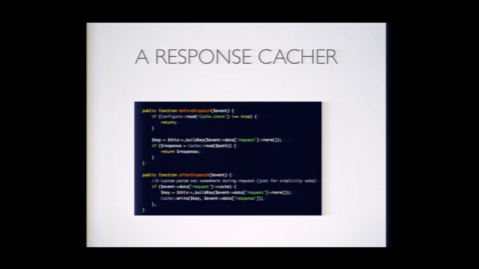But if it's not there, then the request continues. And after dispatch, if there was a param in the request telling it to cache, it will build the key and write the cache. So this is a simple option to just cache things in memcache. I think some of you yesterday were asking me how to do view caching without files and respecting the cache prefixes.